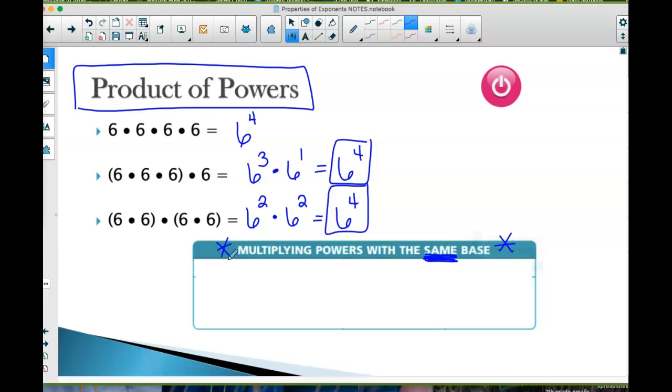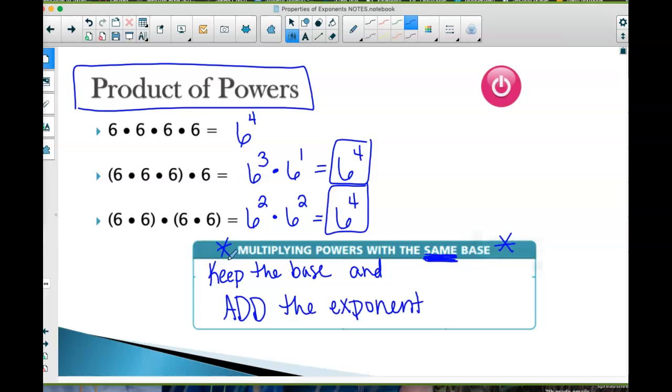So when we're multiplying powers with the same base, you're going to keep the base and add the exponents. Take a minute, write that in your notes, because this is going to be helpful to you. If you're multiplying powers with the same base, keep the base, add the exponents.